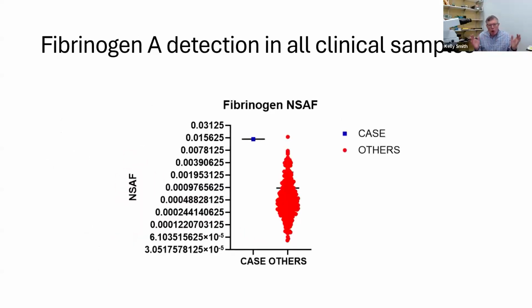We went back and looked at all of our cases, and we can see that our patient actually has a high level of fibrinogen A when you look at all of the cases, but there are some rare cases, like the one that we happened to test that very same day, that could also have high levels of fibrinogen A.